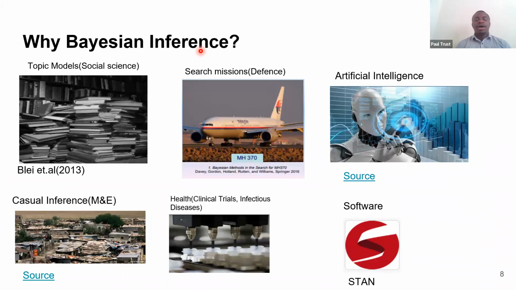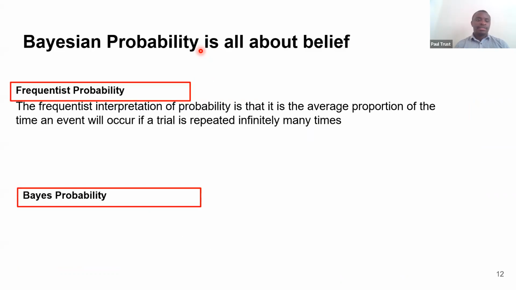We shall look more at how this Bayesian inference can be applied in important models like latent Dirichlet allocation. We shall look at how it powers most modern artificial intelligence methods, especially those from machine learning, like variational autoencoders, which use variational inference, a method in Bayesian statistics.